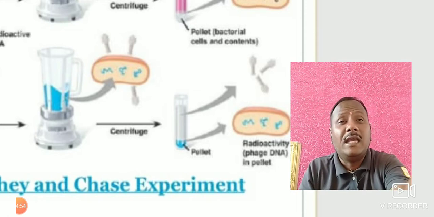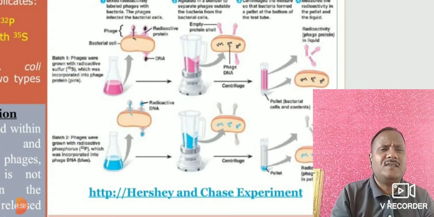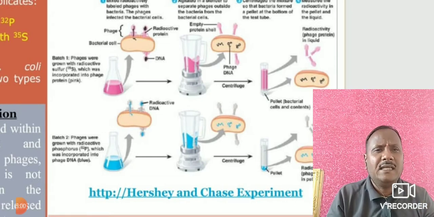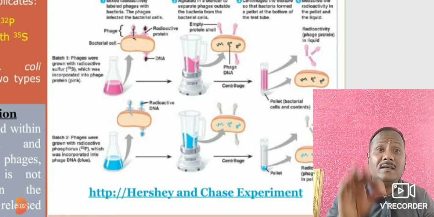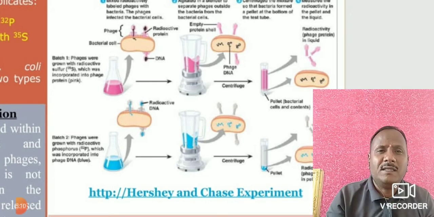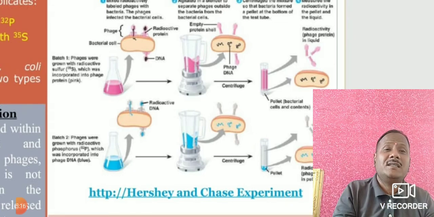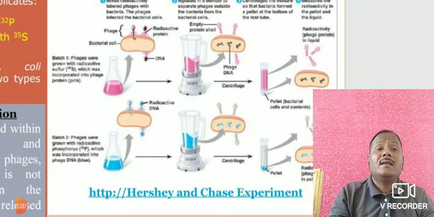With the help of this experiment, Hershey and Chase clearly proved that DNA is the genetic material which is responsible for transformation. They showed that DNA is transferred from bacteriophage to bacteria, which is why the transformation process occurred.